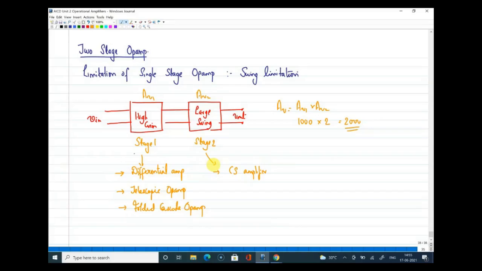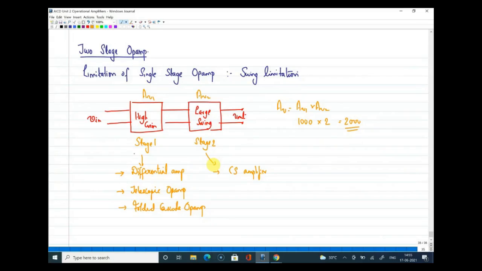All right, so now can I ask you to draw the structure of a two-stage op-amp, like a fully differential two-stage op-amp? Can you guys try? Keep the first stage as a differential amplifier and the second stage as a common source amplifier. Can you try to draw the circuit diagram?